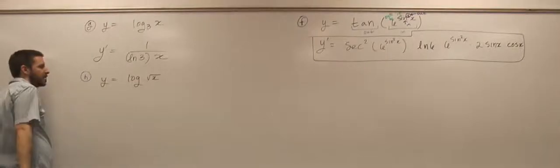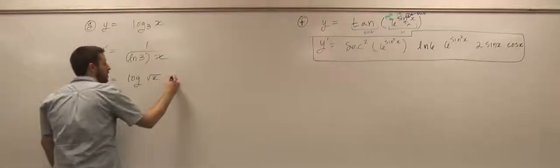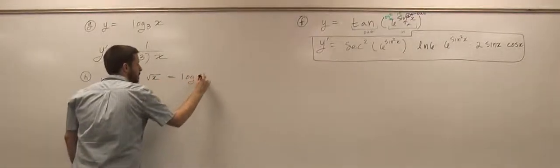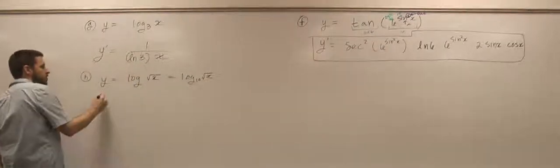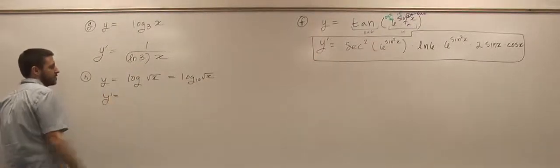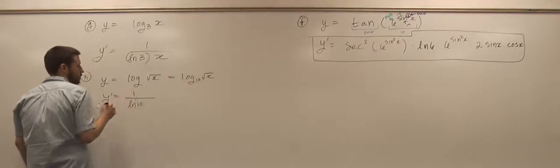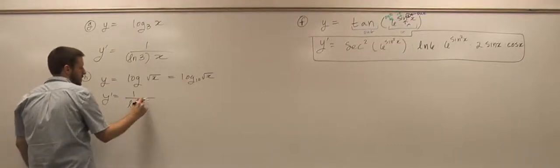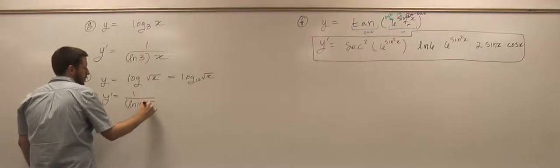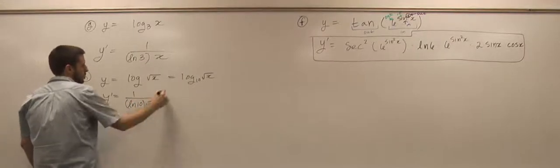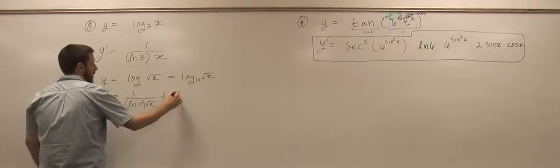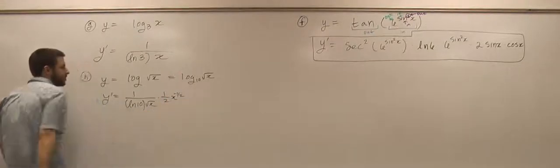So you can think of this as log base 10 of x. Then to do the derivative, you would take 1 over ln 10 times what? Root x, times 1/2 x to the negative 1/2.